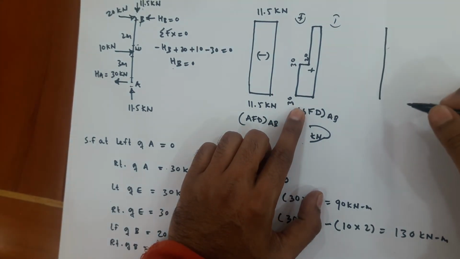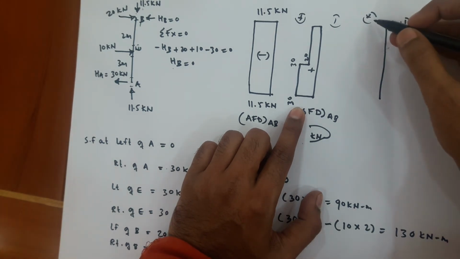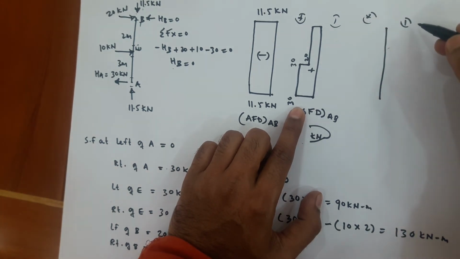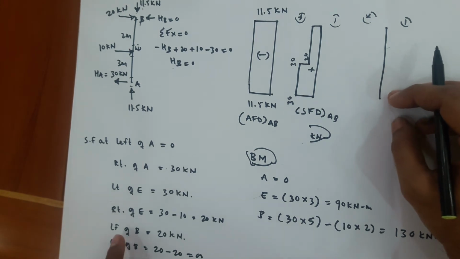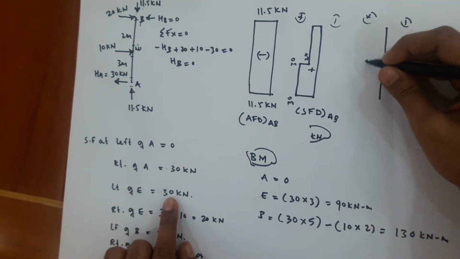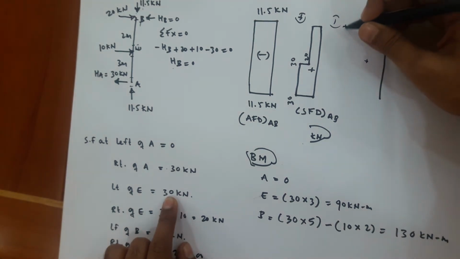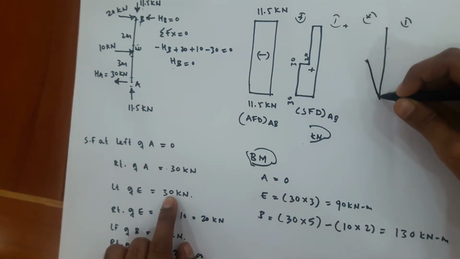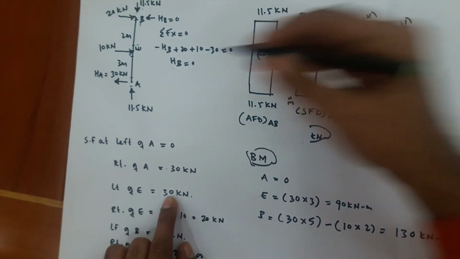Now you need to draw the bending moment diagram. This is the datum. Above the datum indicates positive bending moment, below the datum indicates negative bending moment. Bending moment at A is equal to 0, bending moment at E is 90, and bending moment at B is 130. The variation of the bending moment is linear because it's just a point load.